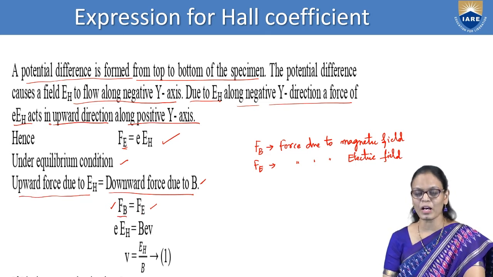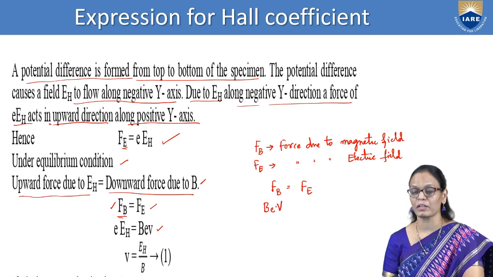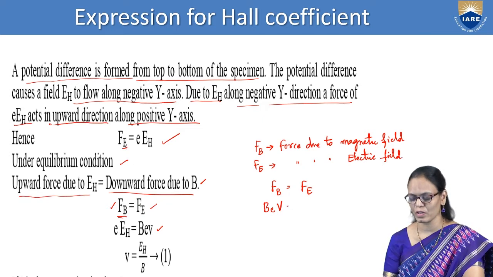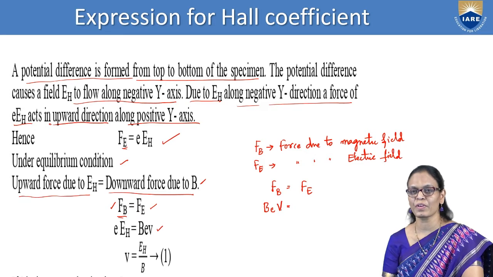Now what is the formula for FB? FB is equal to BeV. If I am writing FB is equal to Fe, FB is given by B e V, where B is the magnetic field, e is the charge of the electron and V is the velocity.